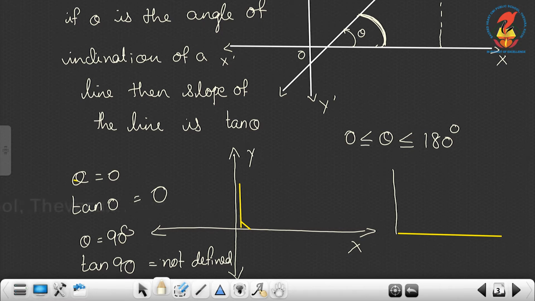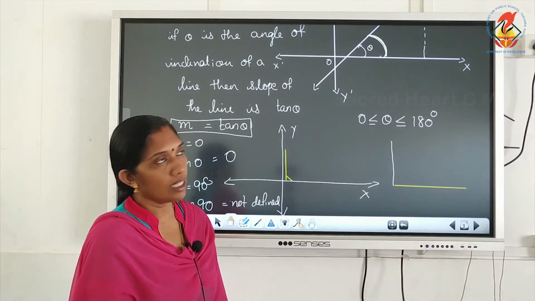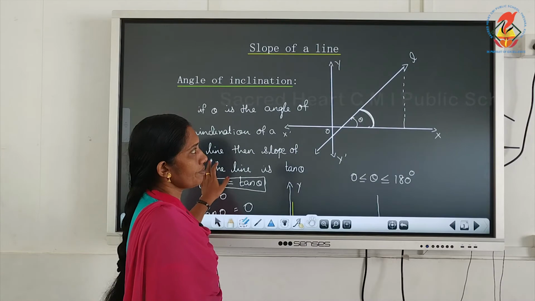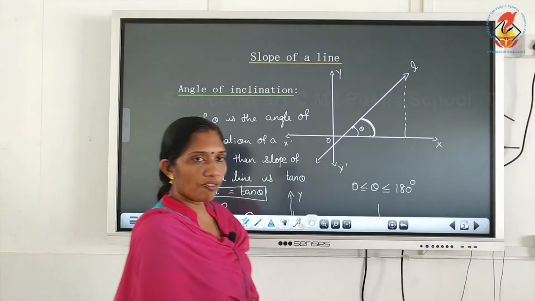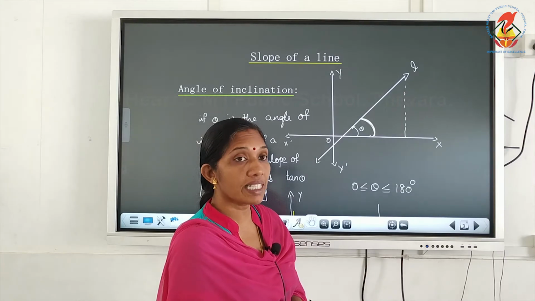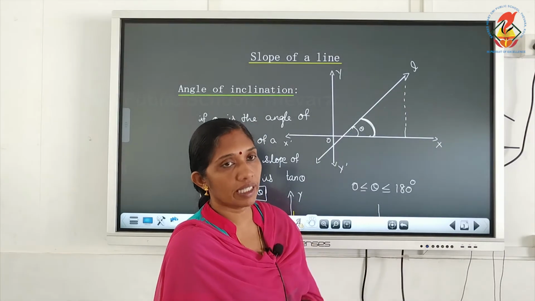Also the slope of the line is denoted as m, the small letter m. So m is equal to tan theta. This is the slope of a line if theta is the inclination of the line. Okay, so once again, what is the slope of a line? The slope of a line is denoted as m, defined as tan theta, where theta is the angle of inclination.